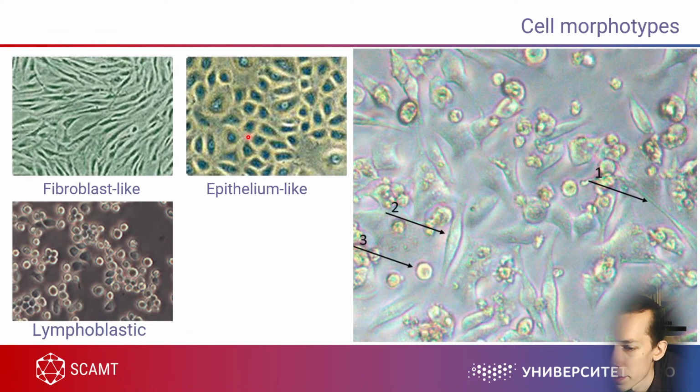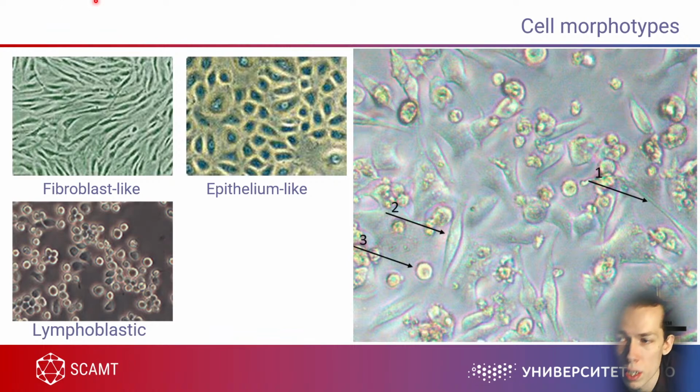It depends also on cell viability. So when you add some nanoparticles or other types of toxicants or drugs to your cells, they can alter the viability of your cells. For example, cells can die or be damaged, and because of this they can change their morphology.